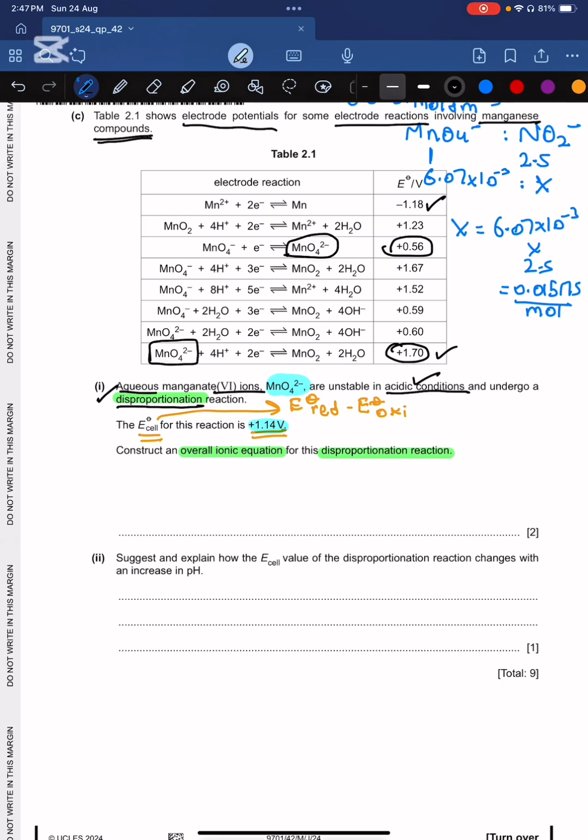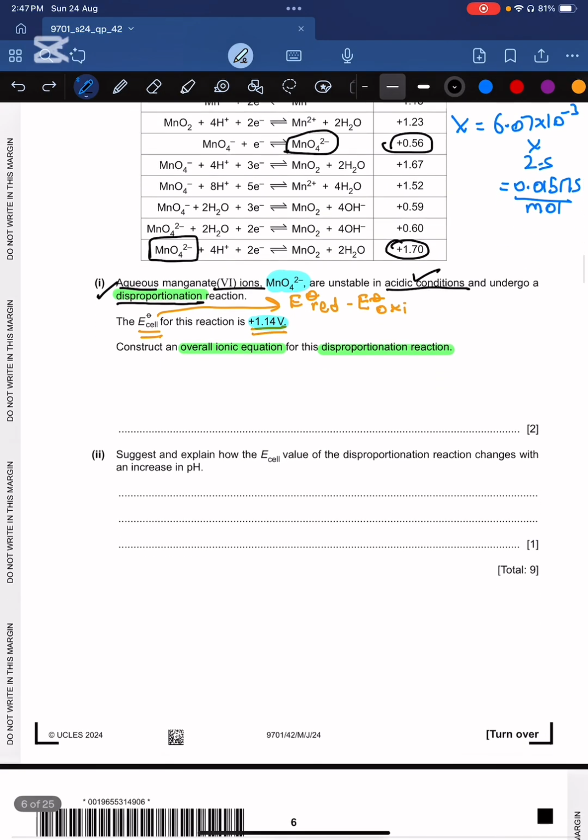This would be reduction and this would be oxidation, because a negative E naught value means electrons are being lost, which means that it is a more reactive metal, which means oxidation is taking place. And a positive E naught, you could remember it like this. I'm just telling you a way of remembering it. Let's say I have Na plus. Now, if Na plus wants to go to its neutral state, it goes to Na.